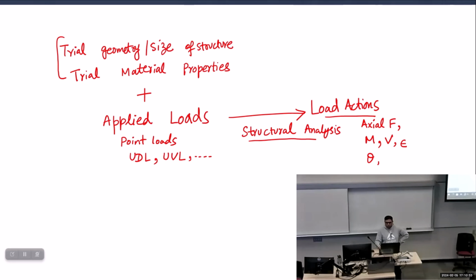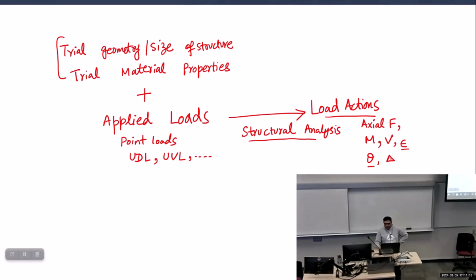Load actions can be all the internal forces, they can be any effect of the applied loading on our structure. So, strains, rotations, deflections, for example delta at different points in the structure, they are all the analysis outputs or load actions.